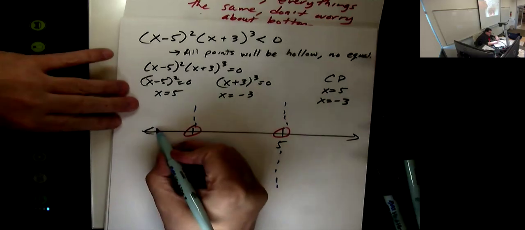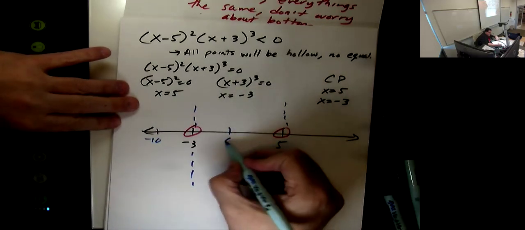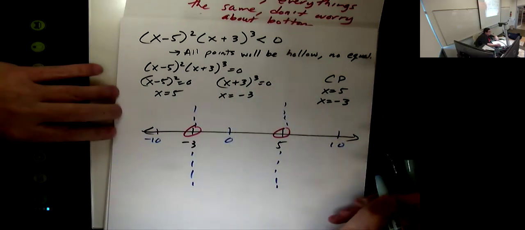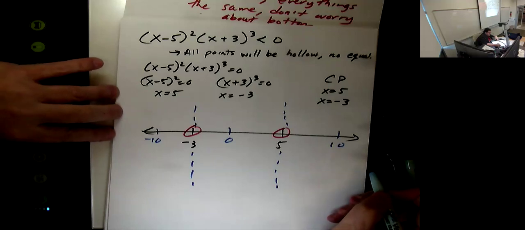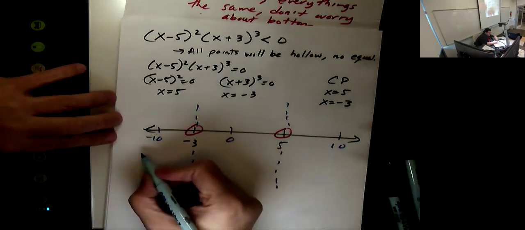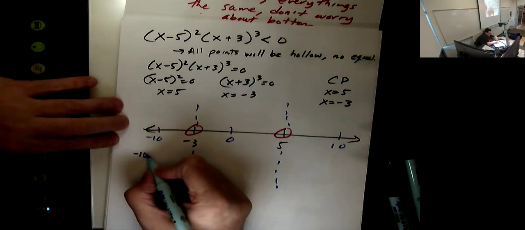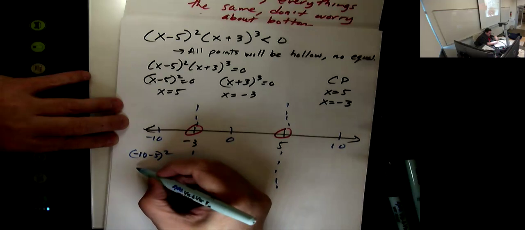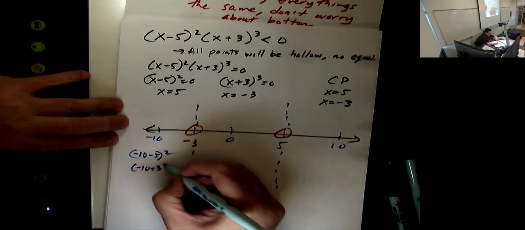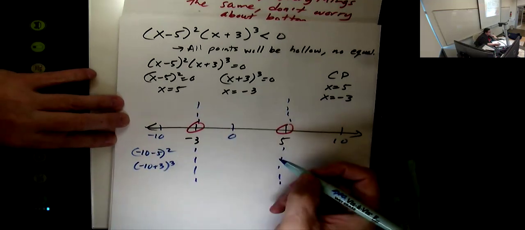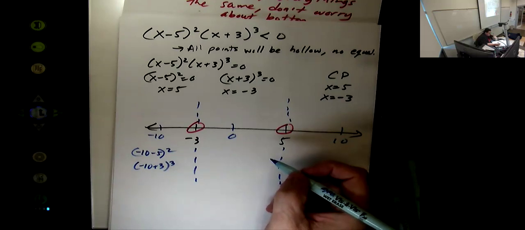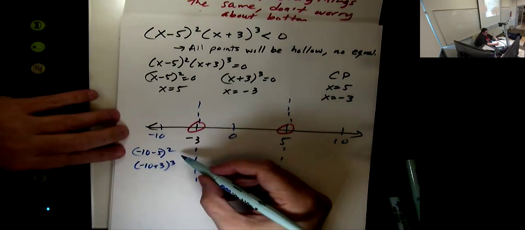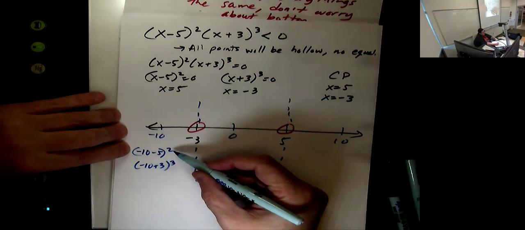So I'll try -10, 0, and 10. I've got -10 minus 5 squared. And then I've got -10 plus 3 cubed. So the square tells me there's 2 parentheses.